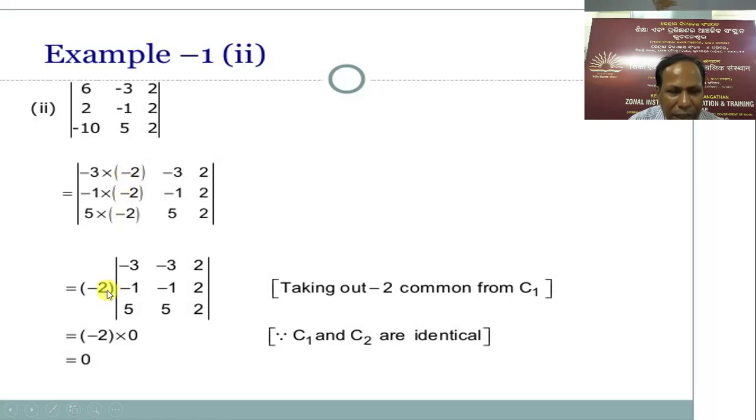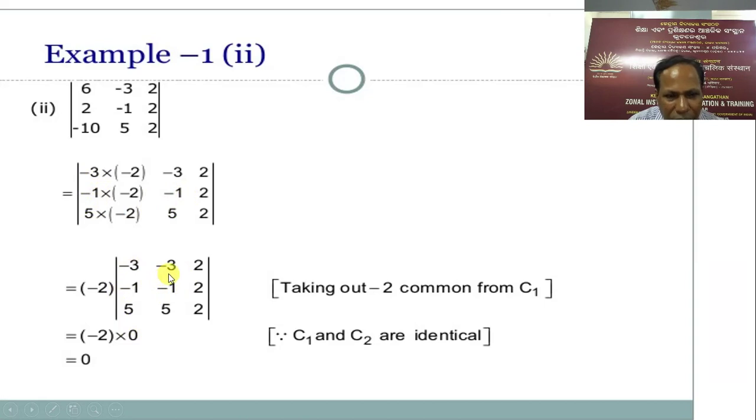That can be taken out because of the property that if all the elements of a column or of a row are multiplied by the same constant, that constant can be taken out, that is, multiplied with the whole determinant. So by taking out the common factor minus 2, we are left with minus 3, minus 1, 5 in the first column. Then the second column and third column remain as they are.